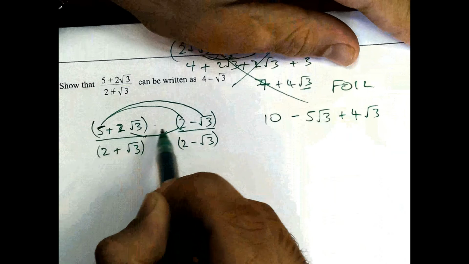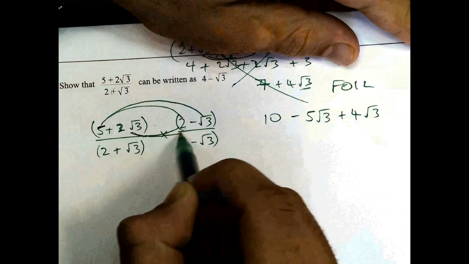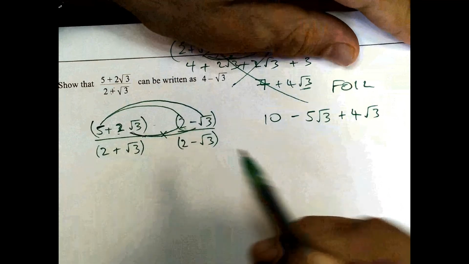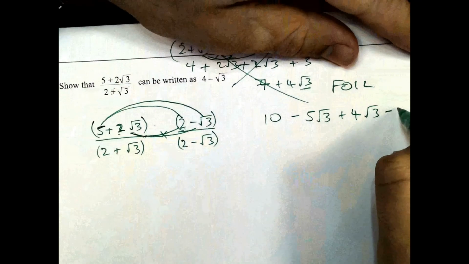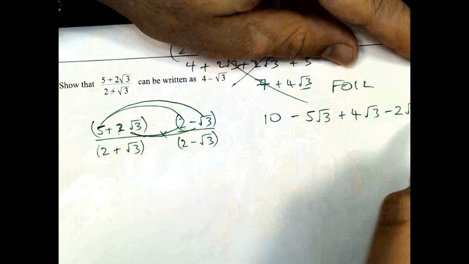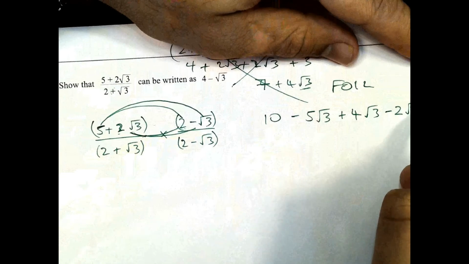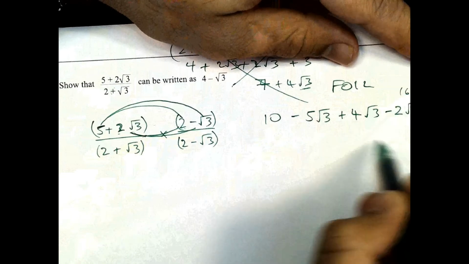That's 2 times 2, basically 4, and root 3 times nothing there, so root 3. And finally, 2 root 3 times minus root 3, that's going to be minus 2 root 9. Now, 2 root 9 is 2 times 3, which is going to end up being 6. I'll just write that there to remind us later.